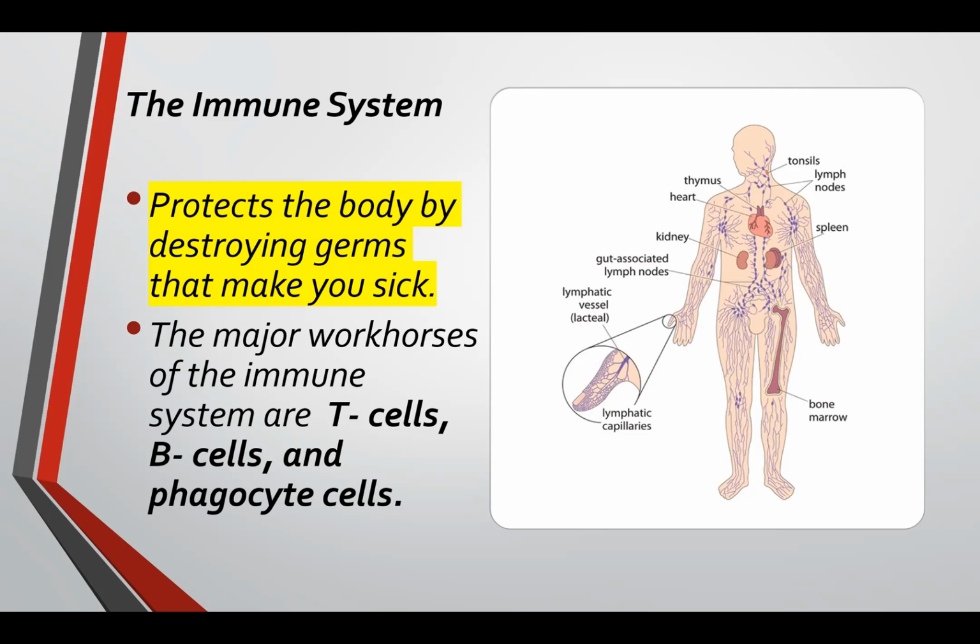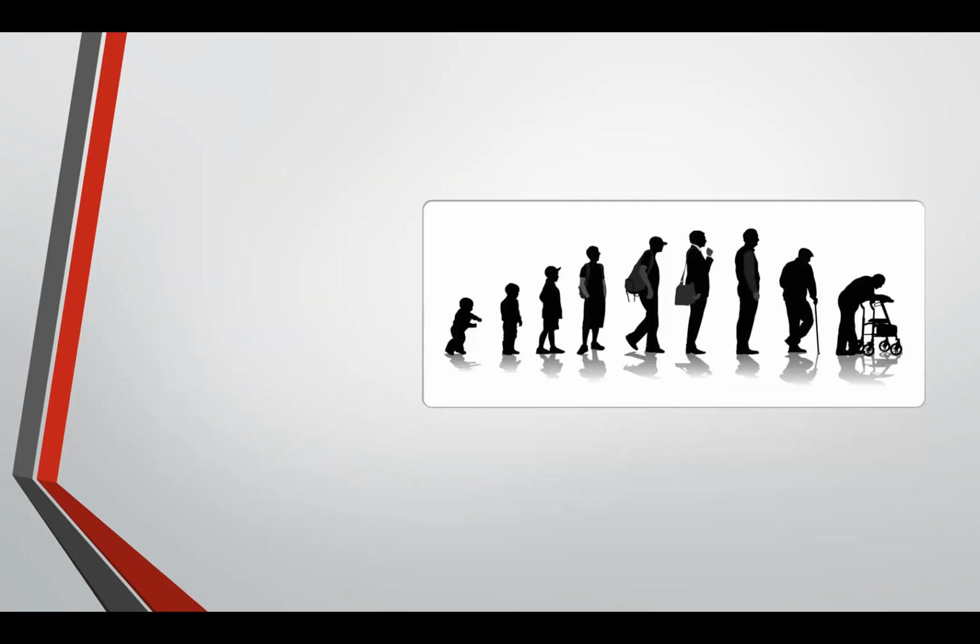B cells. And what is the last one? Phagocyte cells. Okay, so those are the three major workhorses.